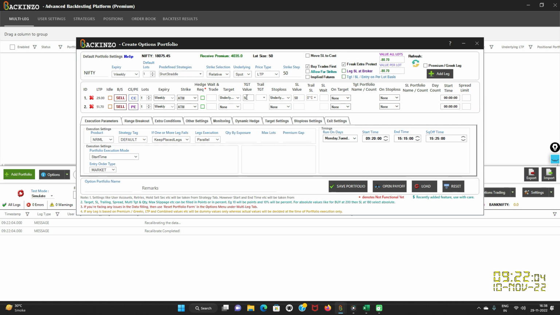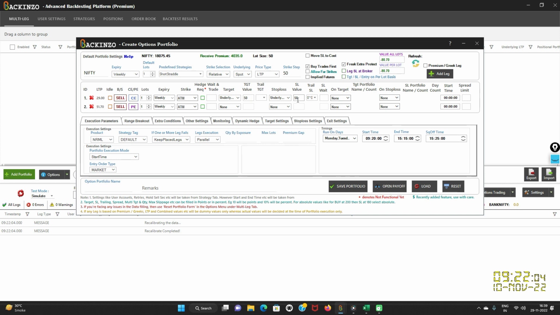So Backinzo will automatically calculate what you are expecting out of your leg. If you have sold a call, it will automatically take the target as -50 and the SL as +50. The same rule applies for the buy leg as well. Now, this was an explanation for setting leg-wise target and stop loss based on an underlying.